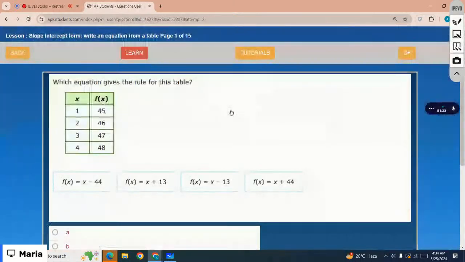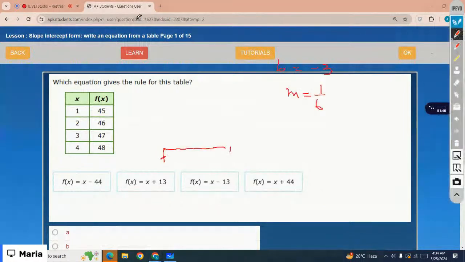So you need two things, the slope and the y-intercept, right? The slope is change in y divided by change in x. So change in x, 2 minus 1 is 1, 3 minus 2 is 1, 4 minus 3 is 1.